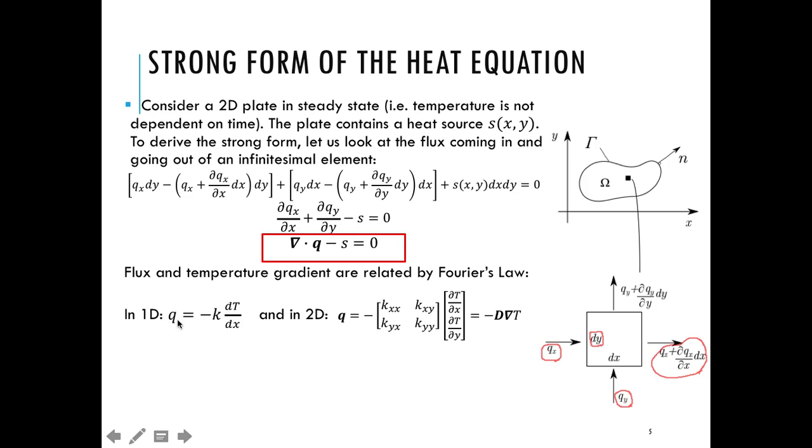So this is the case for 1D: if it were 1D, the flux in the given direction would have been equal to minus k times the gradient in that direction.